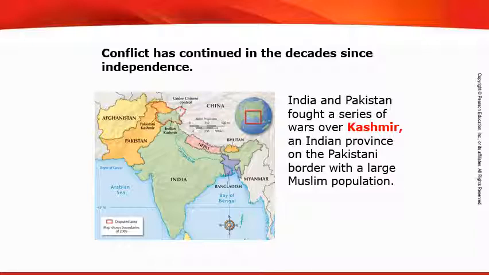The majority of the people in Kashmir are Muslim, and they wanted to join Pakistan, but the British left the state of Kashmir undivided, and they gave the people of Kashmir the choice of whether they wanted to join India or Pakistan, to decide by themselves.